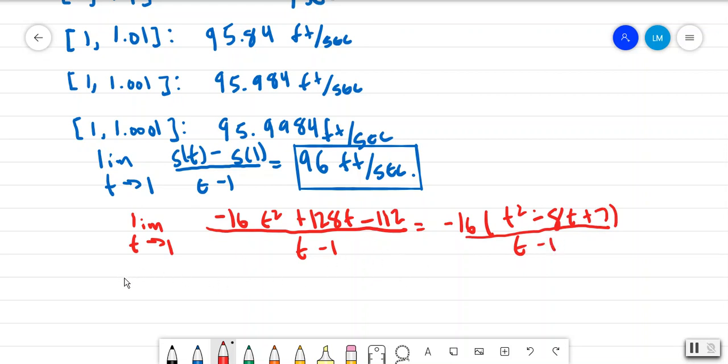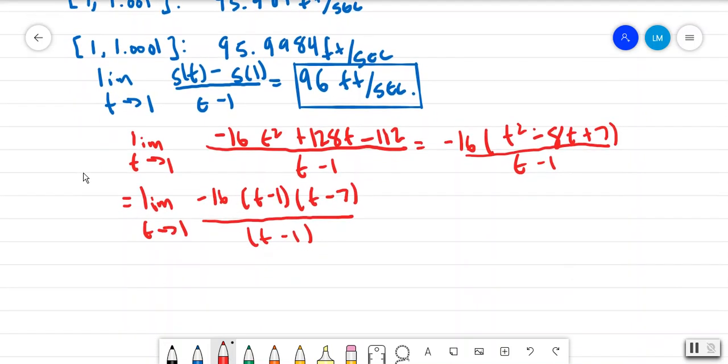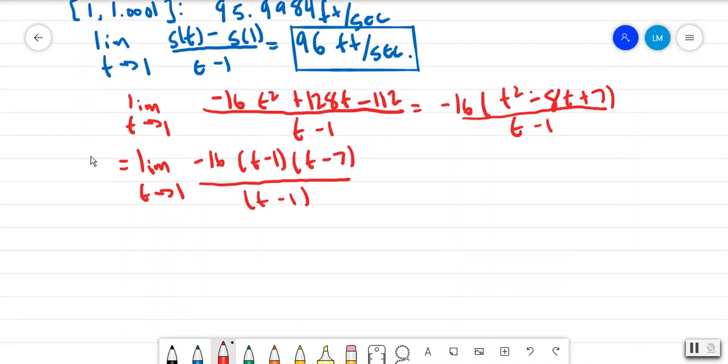Now, this equals, as t approaches 1, and we're going to factor this even further, negative 16 times t minus 1 multiplied by t minus 7, divided by t minus 1. So the t minus 1 factor cancels out entirely.